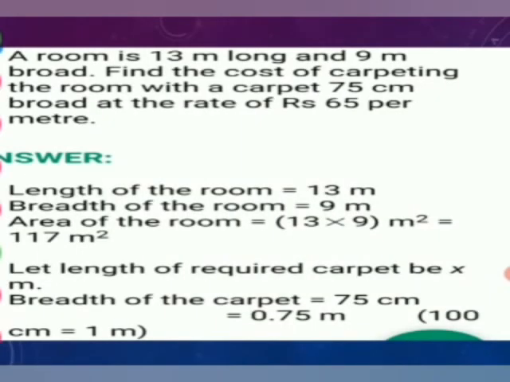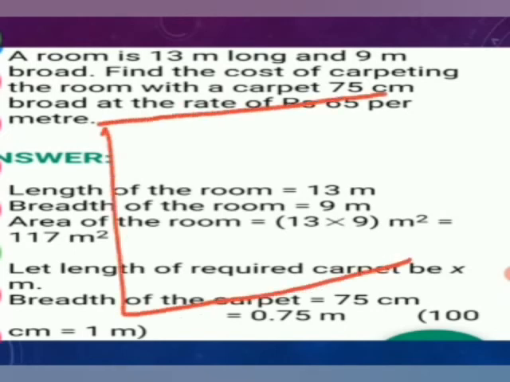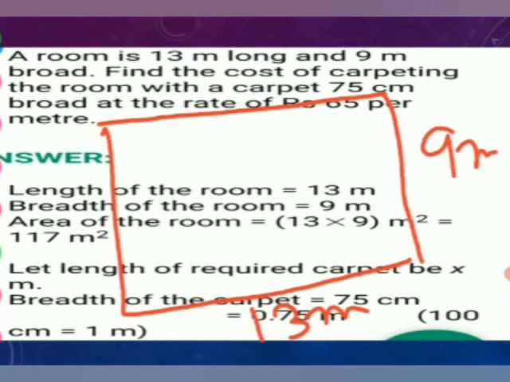Now the next question is: a room is 13 meters long and 9 meters broad. Find the cost of carpeting the room with a carpet 75 centimeters broad at the rate of rupees 65 per meter. What is given here? A floor is given to you, and the dimension of the floor is 13 meters by 9 meters, and a carpet is there and the width of the carpet is given as 75 centimeters.